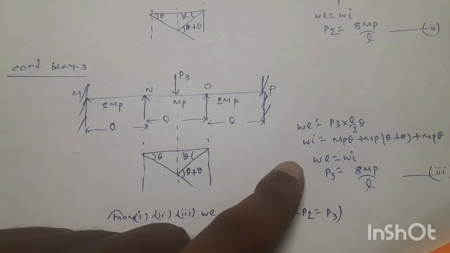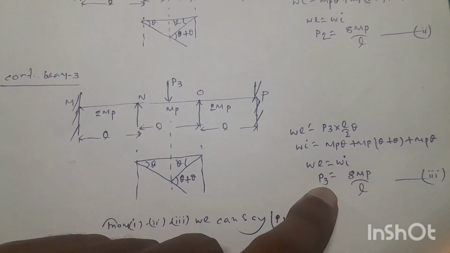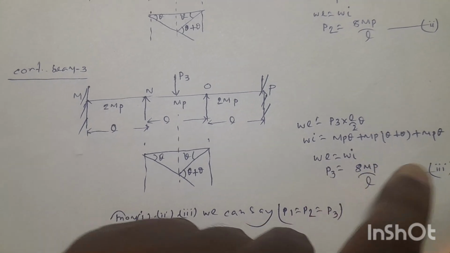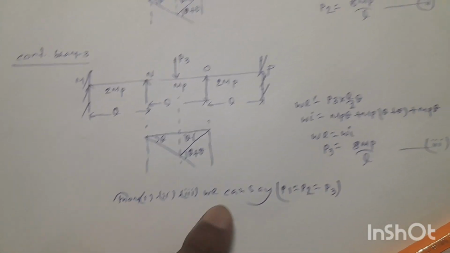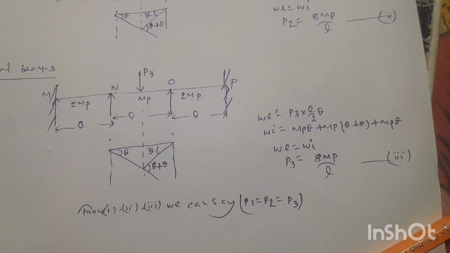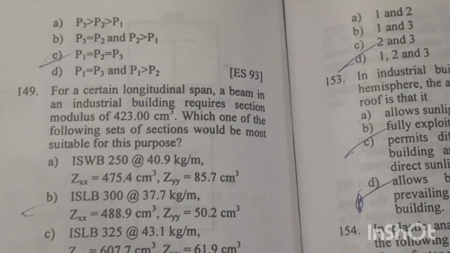If we equate external work done to internal work done by the method of virtual work, we will get P3 equal to 8 MP by L. So from equations 1, 2 and 3, we can say P1 equals P2 equals P3. Option C is the right answer.